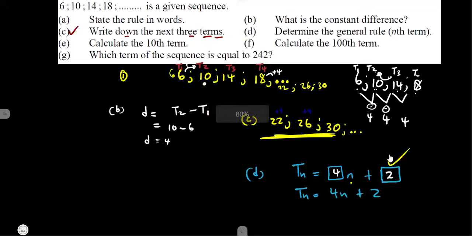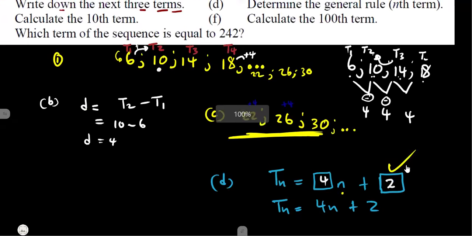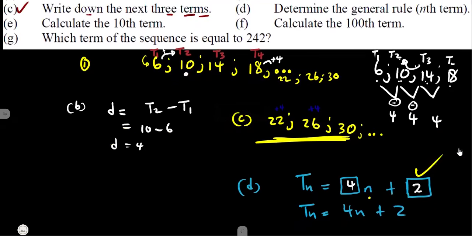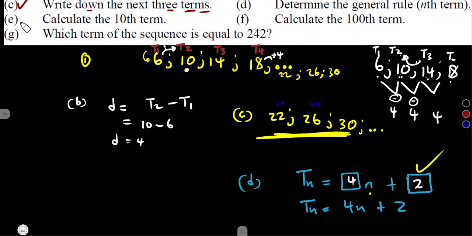So it means I can find any term. Like here on part E, when they say calculate the 10th term, what is the term at position 10? We are given the position, so n is equal to 10.